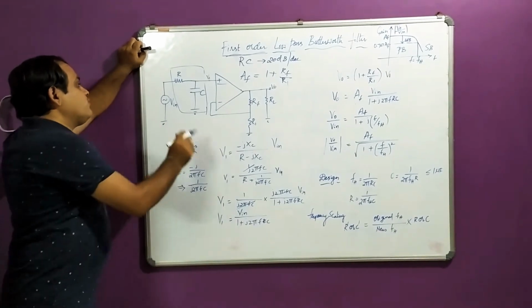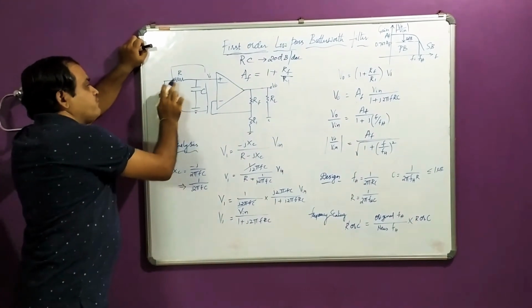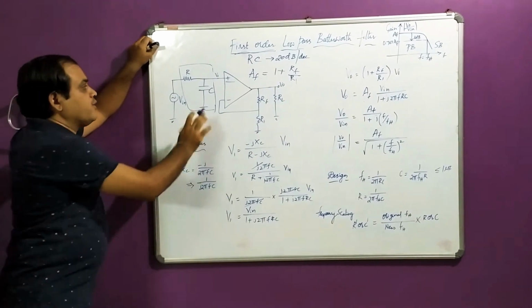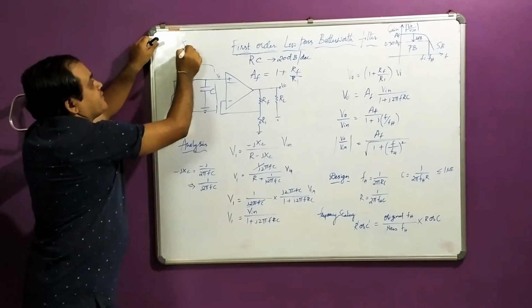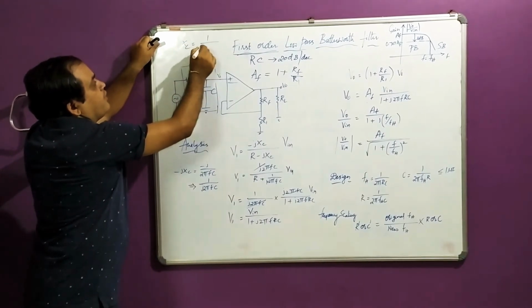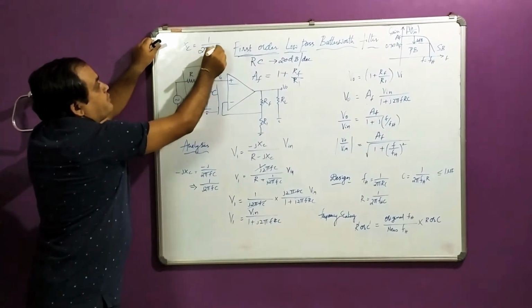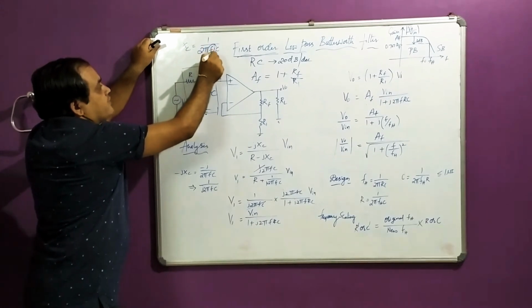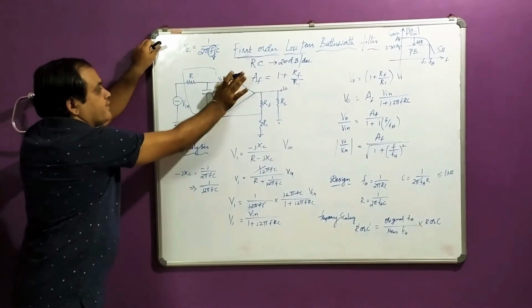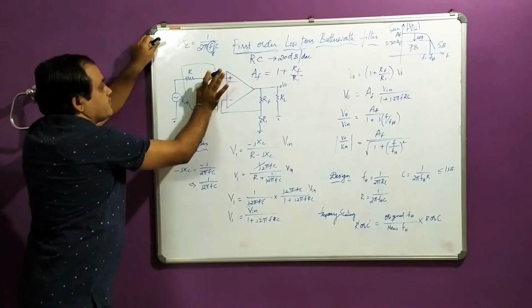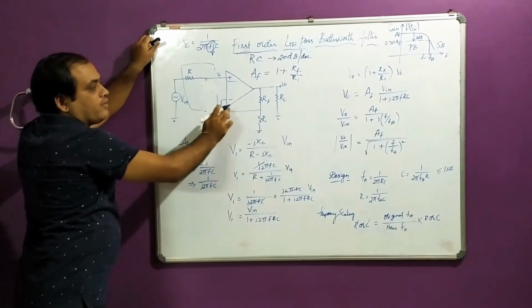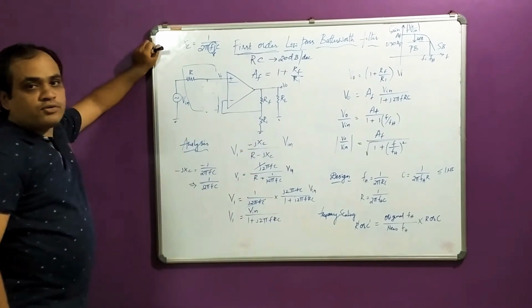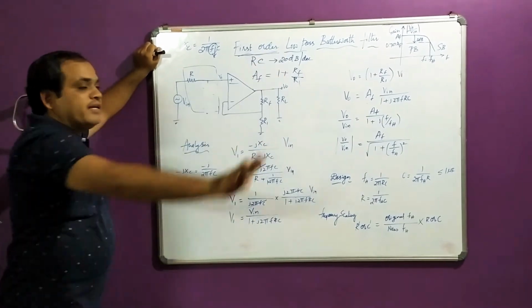For low frequencies, the capacitor reactance, which is equal to 1 by 2 pi f C, is very high, so it acts as an open circuit. The entire signal is applied to the non-inverting terminal and the output is equal to AF multiplied by the input.